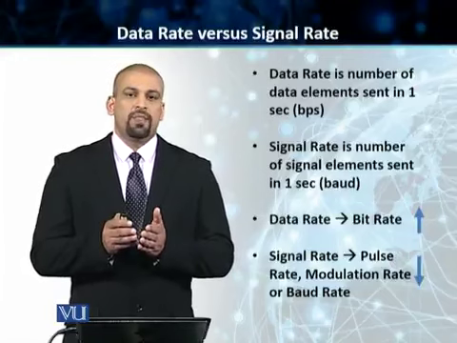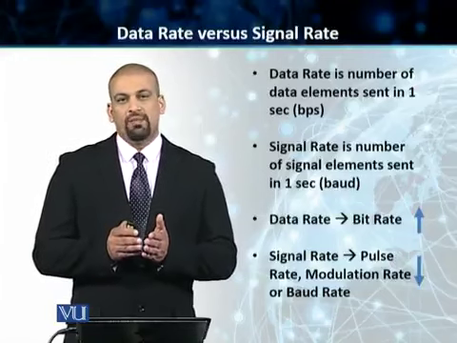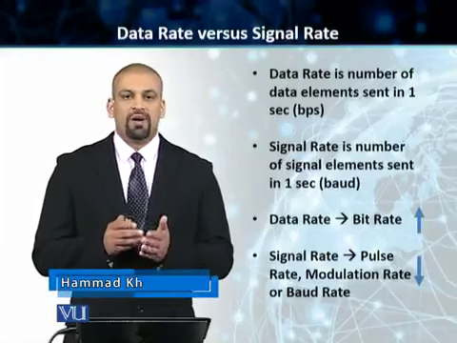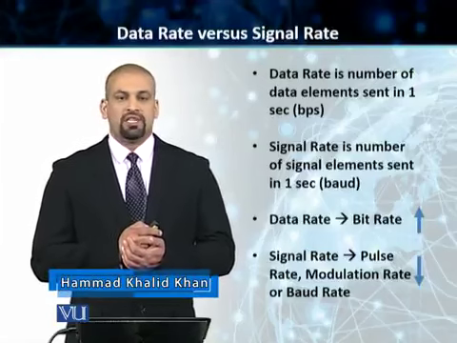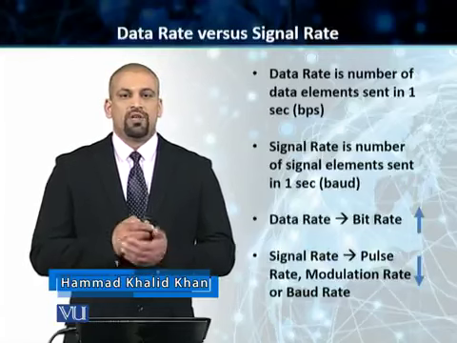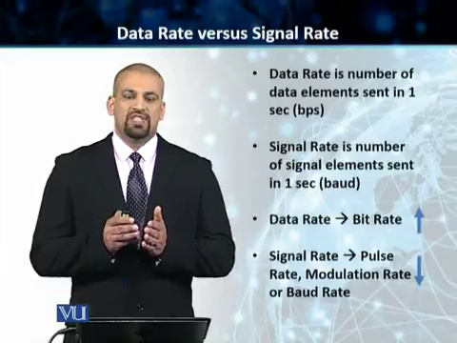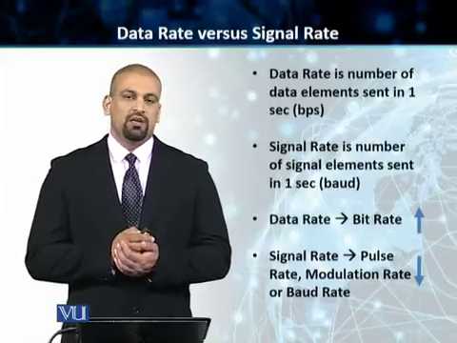Students, the data rate is the number of data elements that we can transmit in 1 second. The number of bits that we can transmit in 1 second. Signal elements or the signal rate is the number of signal elements that we can transmit in 1 second.